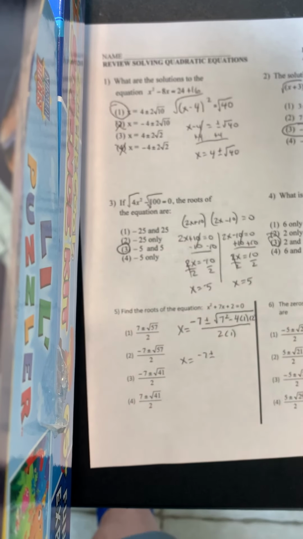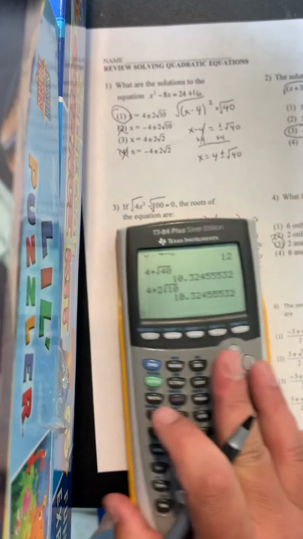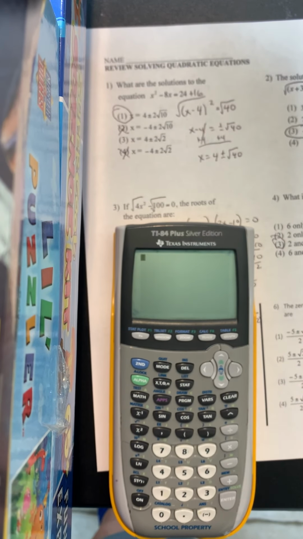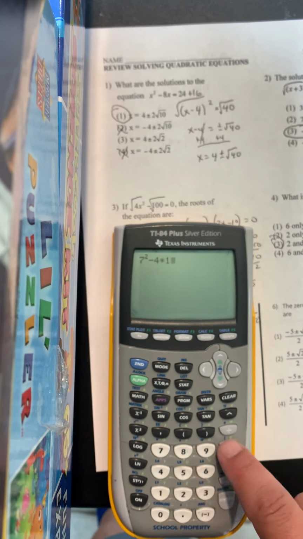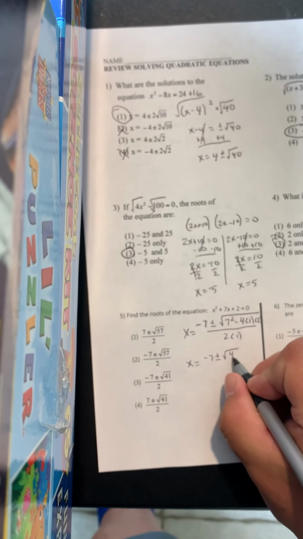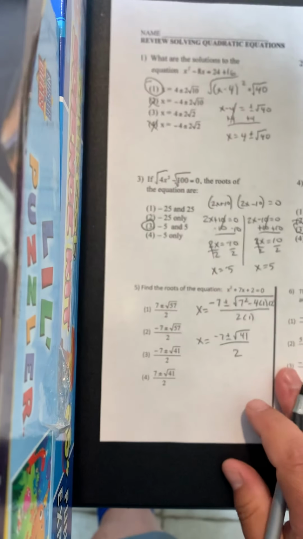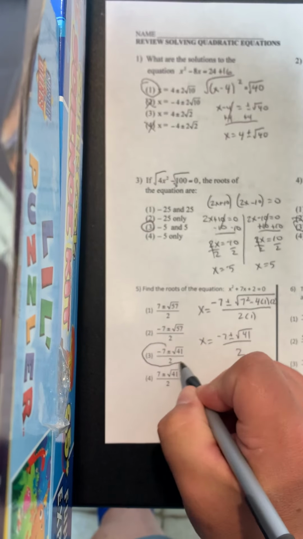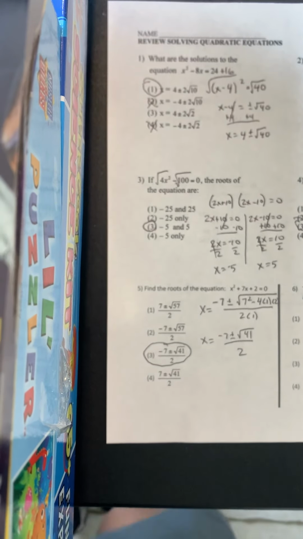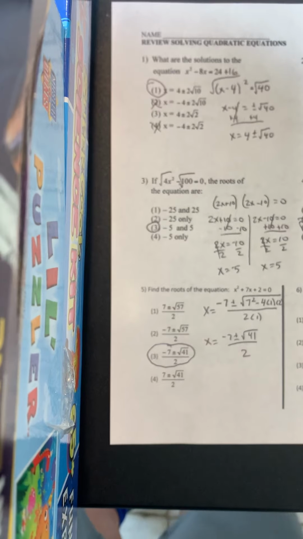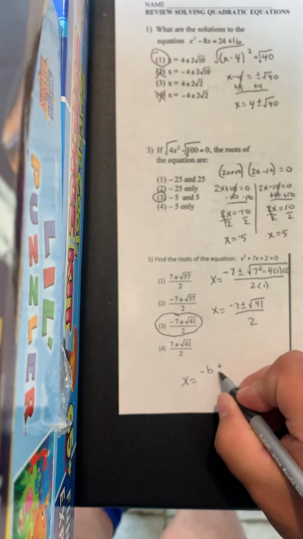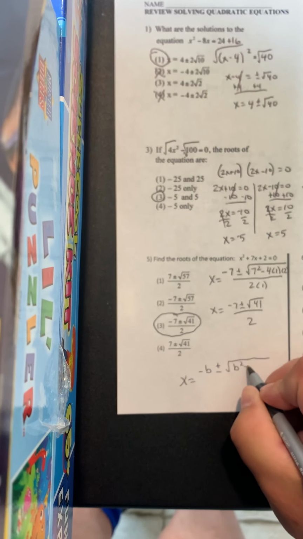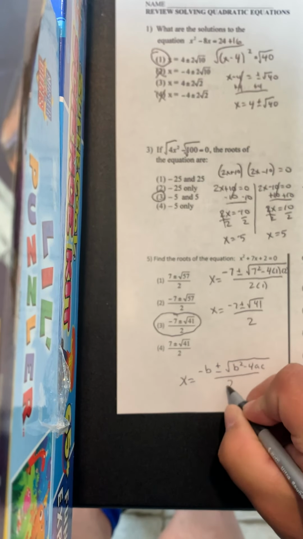Let's see what's inside. 7 squared minus 4 times 1 times 2 is 41. Over 2. So that is choice 3. And just a reminder, the quadratic formula is negative b plus or minus the square root of b squared minus 4ac, all over 2a.